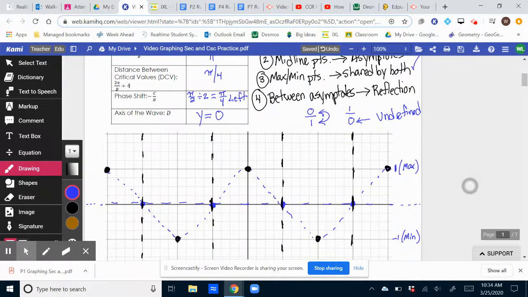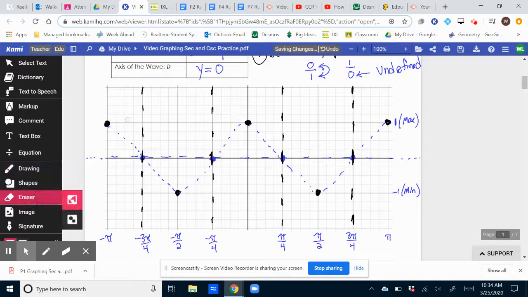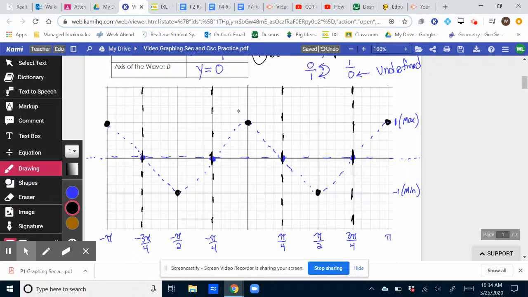Between your asymptotes, the graphs are a reflection of one another because the functions are reciprocals. Okay, so like here to the left, I have basically like an upside down, almost parabola looking shape here. So in my cosecant graph, sorry, that should have been in black, it's going to reflect and look like this.